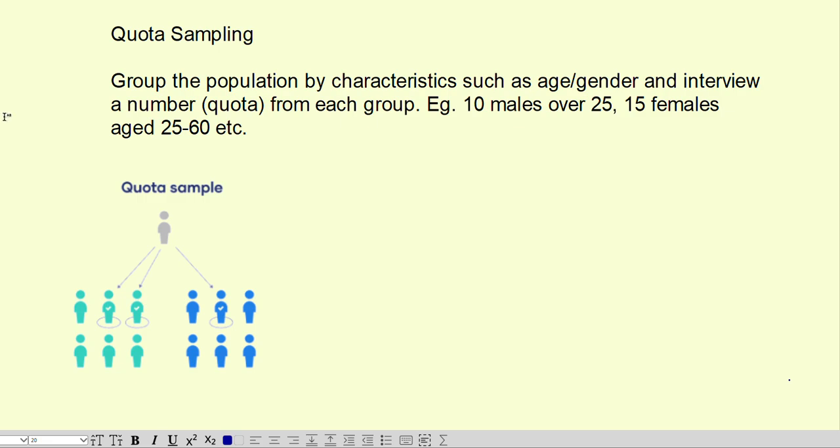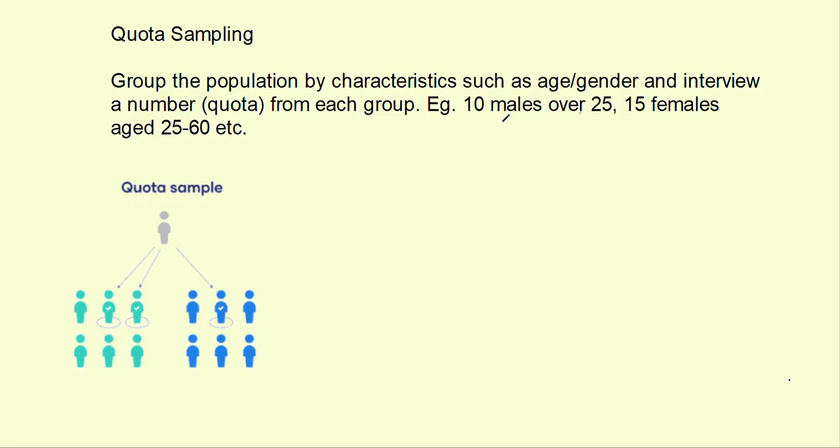Okay, finally then, we have quota sampling. Now, quota sampling is very similar to cluster sampling, but it's where the population is grouped into characteristics such as age, gender, but then you just interview or question a few from each group.